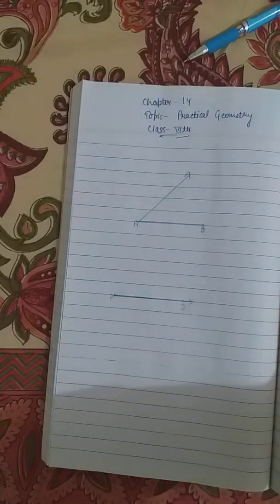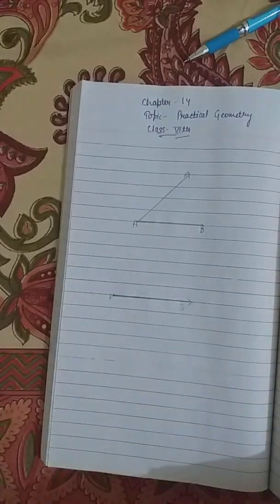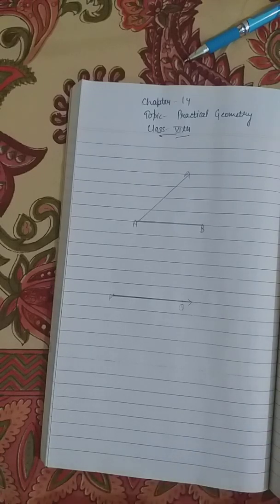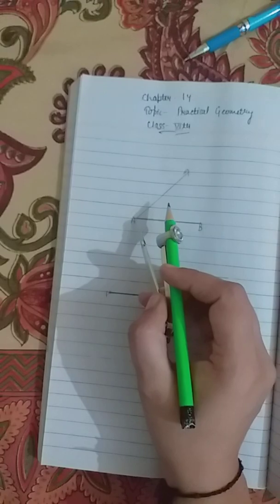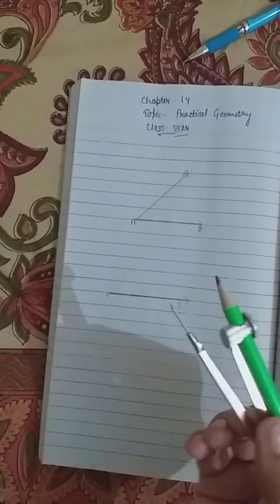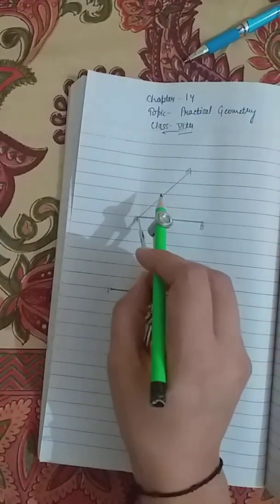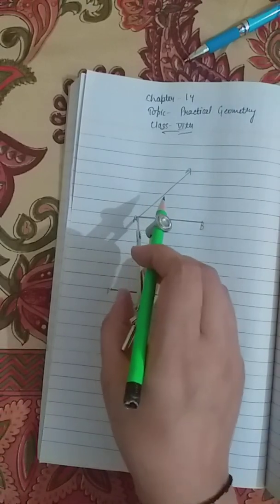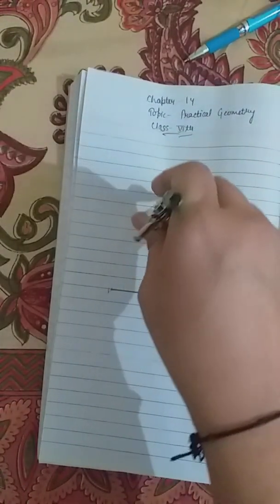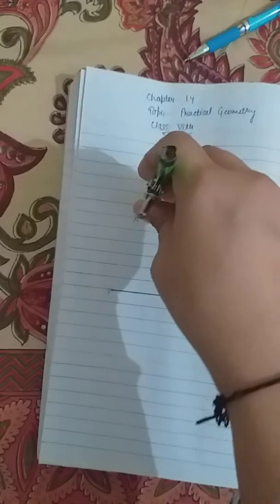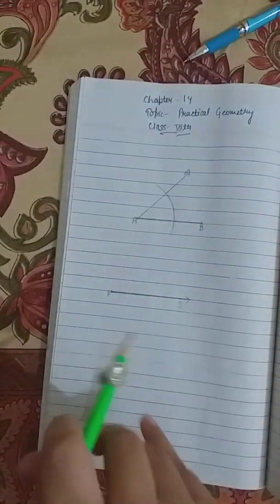So now moving to the next step, we have to place the pointed end of the compass at A, and draw an arc cutting the arms in this way.